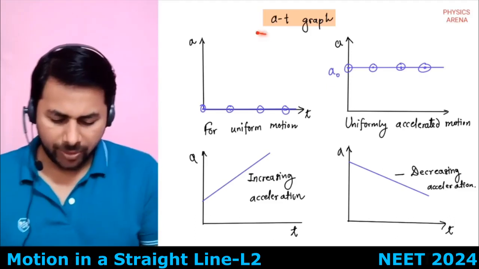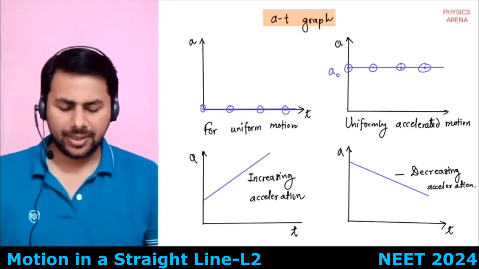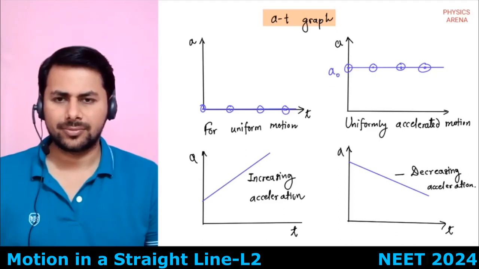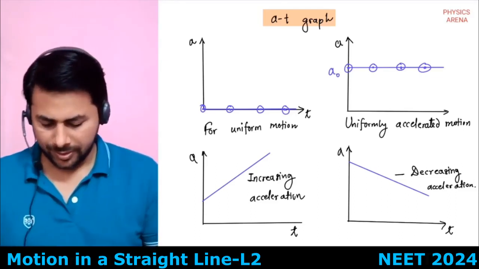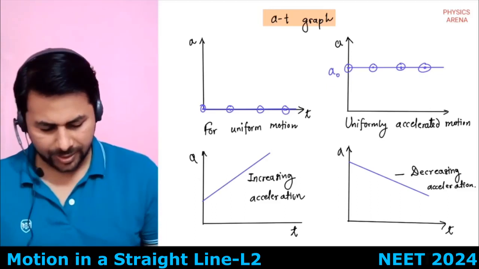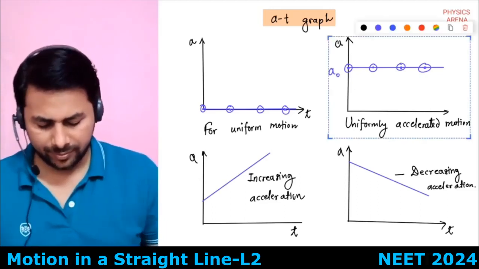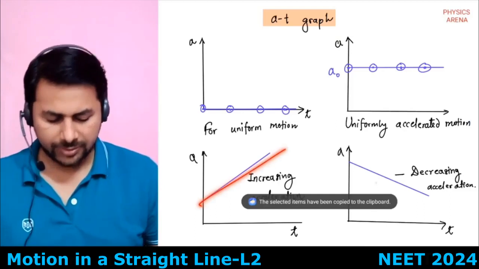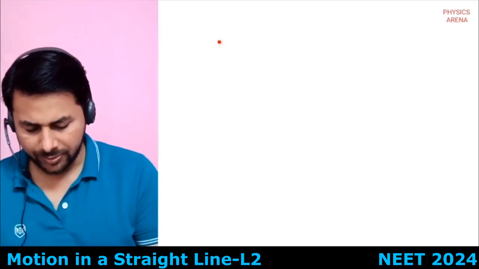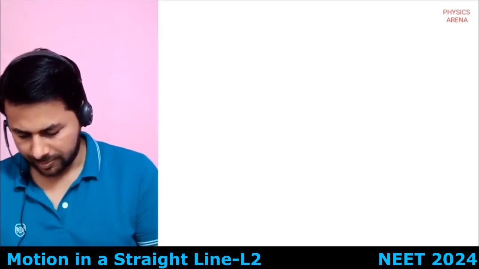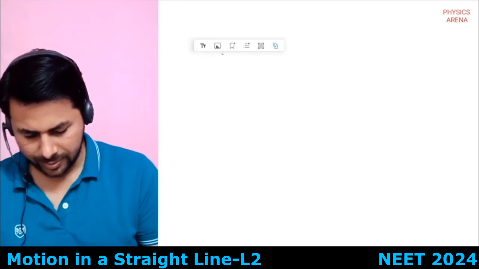So these are the kind of graphs that you can see in most of the cases. And then what information will you get from the AT graph? Change in velocity, sir. Okay, so I can pick this one or anyone actually. The area under the AT graph will give you change in velocity.